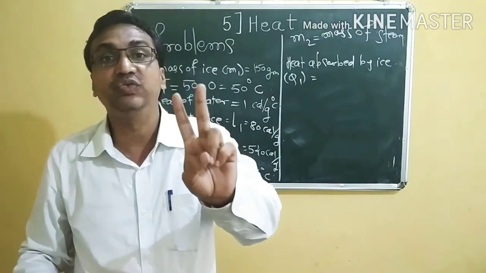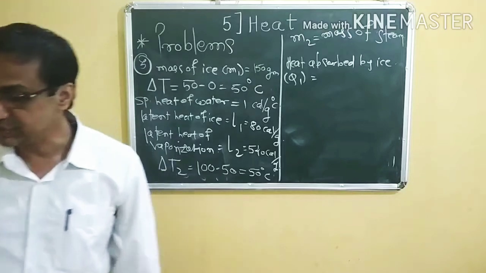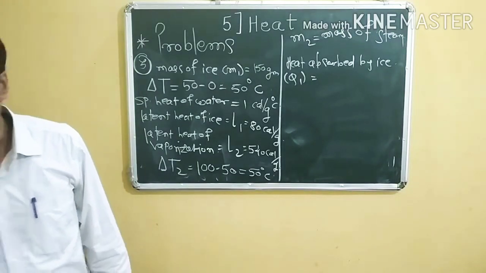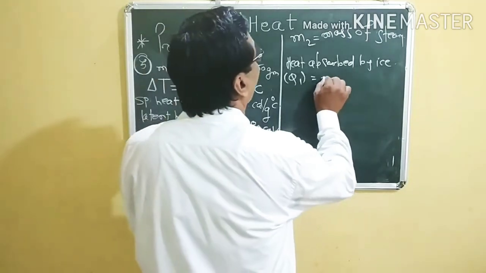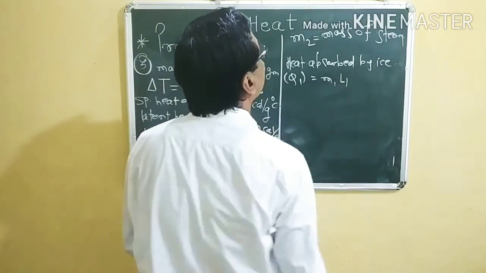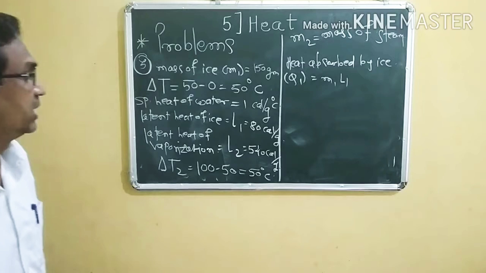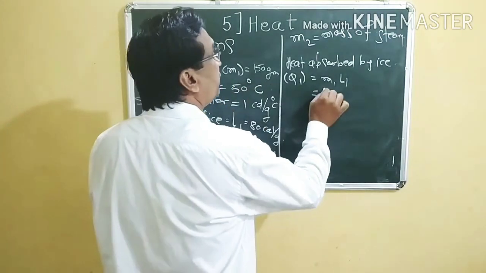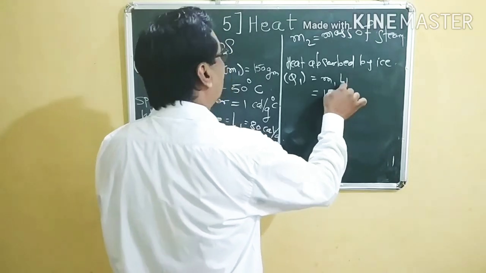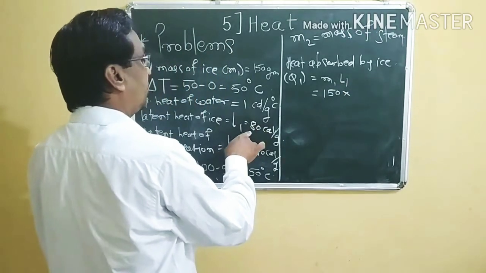So there are two phases. The first one is heat absorbed by the ice, that is Q1, and that is equal to M1 L1, where M1 is the mass 150 and L1 is 80.